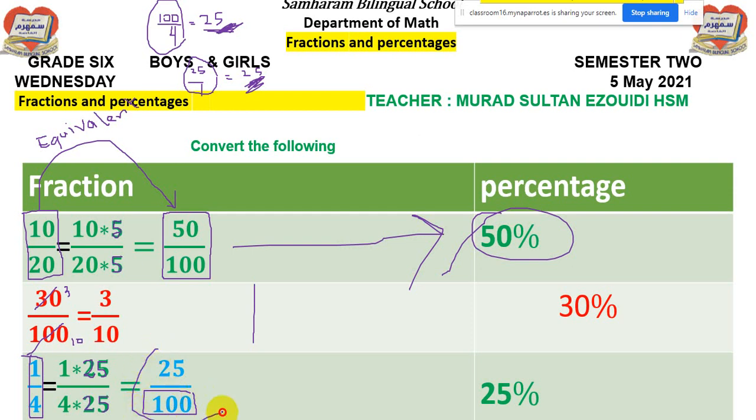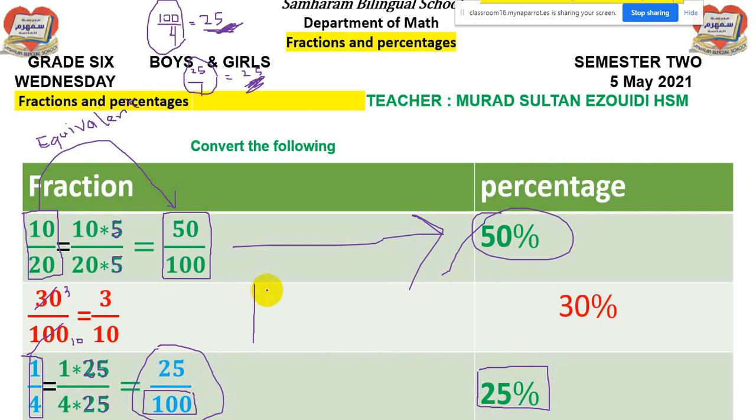She wrote 25 divided by 100. But this one, can you write it as a percentage? So the answer should be equal to 25%. Good girl.